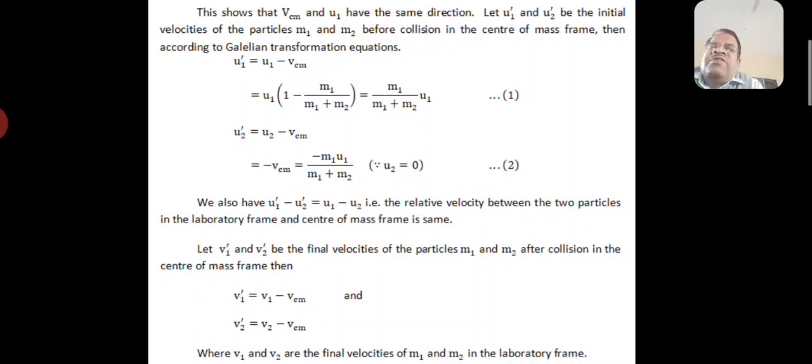Let u1 dash and u2 dash be the initial velocities of the particles m1 and m2 before collision in the center of mass frame.